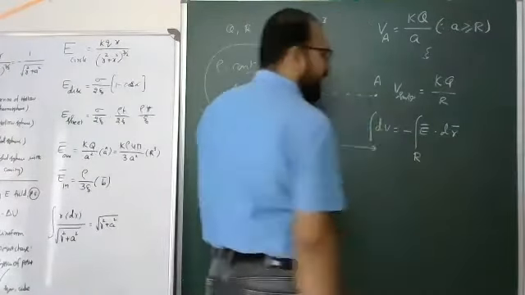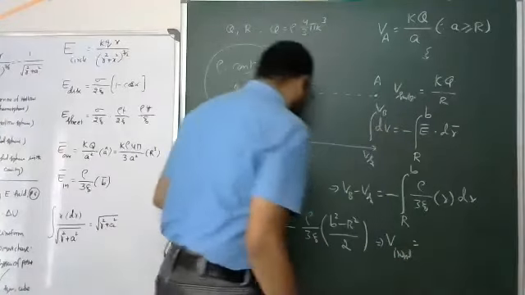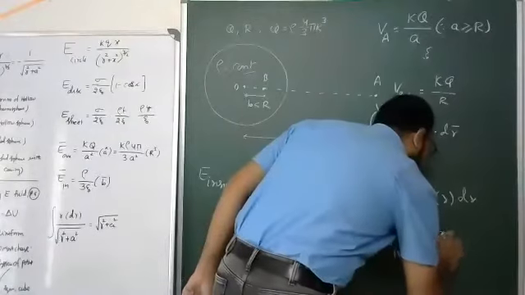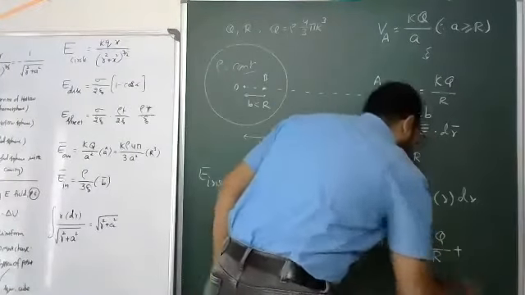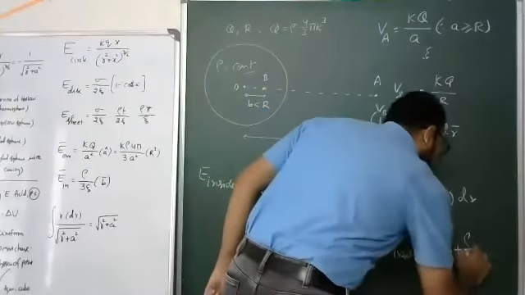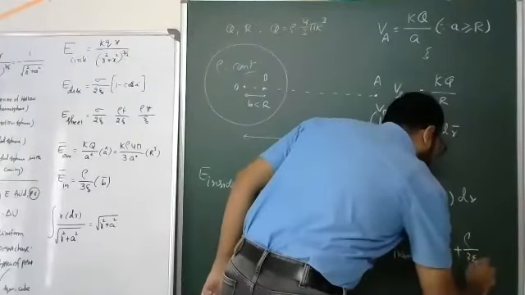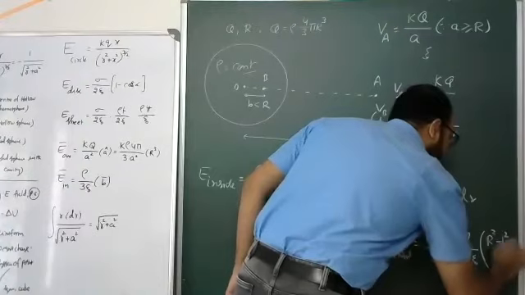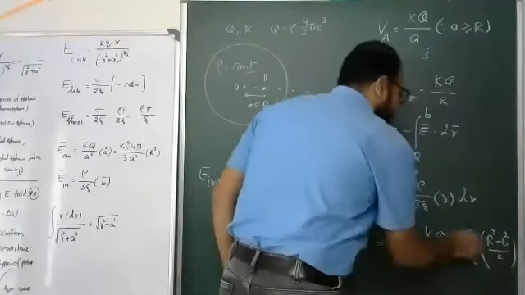But students, R is greater than b, that's why I am writing R square minus b square, with this minus 1. So therefore, the potential inside equals Vs. What is Vs? kQ by capital R plus rho by 3 epsilon naught into R square minus b square by 2.